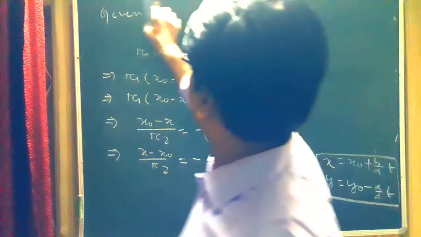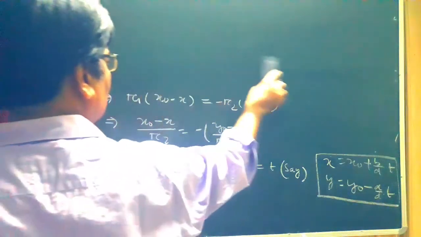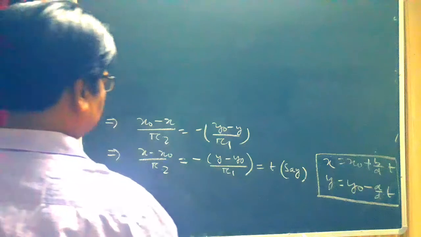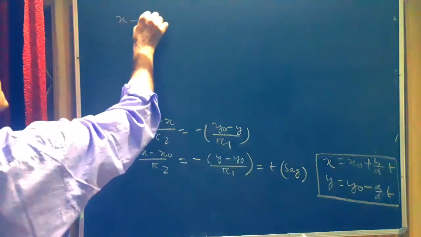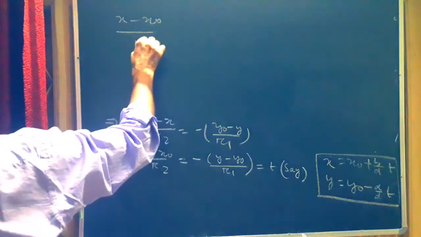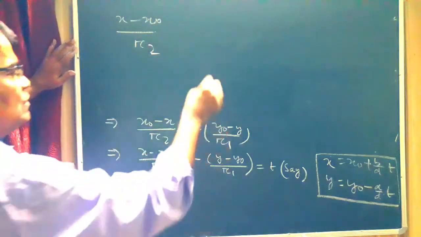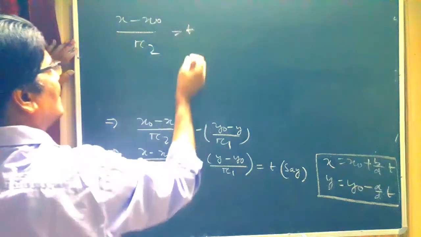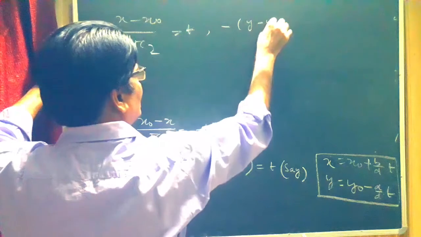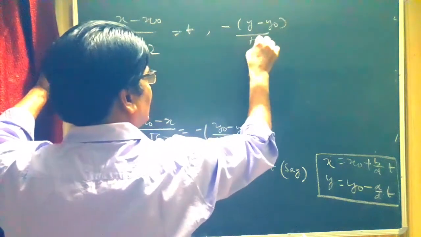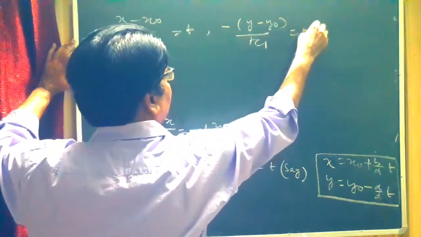Now we can write (x - x0)/r2 = t, and -(y - y0)/r1 = t.